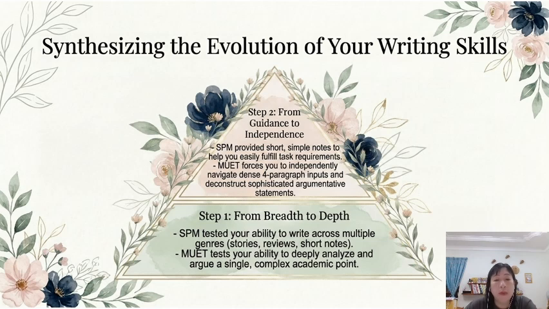In SPM, you were tested on your ability to write across multiple genres, for example, stories, reviews, articles, guided essays. Whereas in MUET, it tests your ability to deeply analyze and argue a single complex academic point.